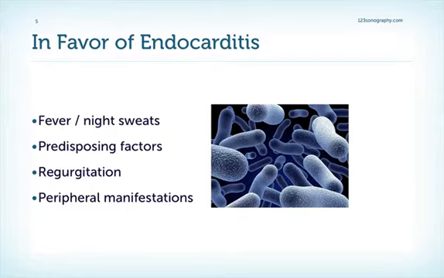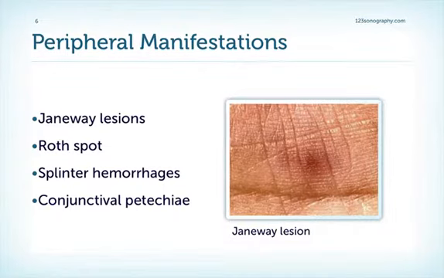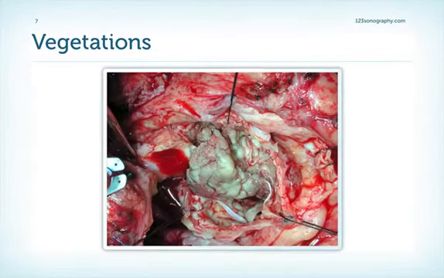The presence of regurgitation, other valvular destruction, and peripheral manifestations such as Janeway lesions, Roth spots, splinter hemorrhages, and conjunctival bleedings. From the echocardiographic perspective, it's the vegetations, remember, the hallmark of endocarditis, but not only vegetations. There's many other things that we can find in patients who have endocarditis, and we'll see many cases and many examples in this chapter.